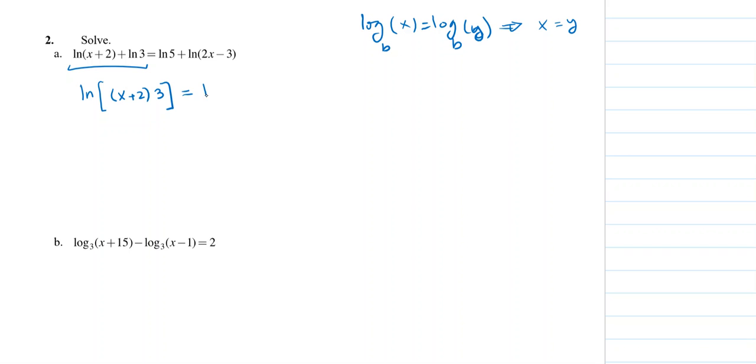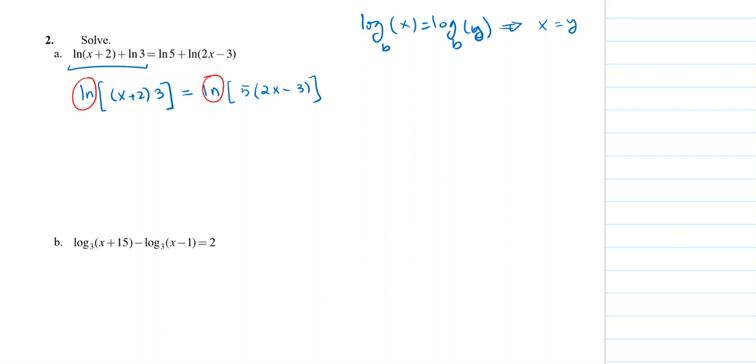Same thing on the right-hand side. It's plus, so I get 5 times 2x minus 3. Now the ln's, I can just drop. If ln of something, this is log base b, and that works for any base, and ln is just a logarithm base e.